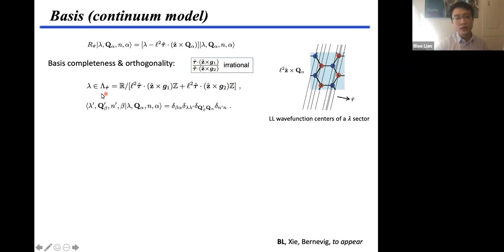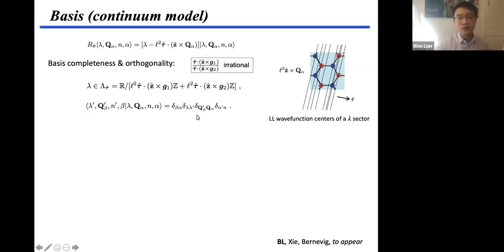And as a result, this lambda is in the coset of the real numbers modded out by the set given by all the momentum sites. So basically, lambda labels the cosets instead of just a simple real number. But this complication is worthwhile for the calculations here.